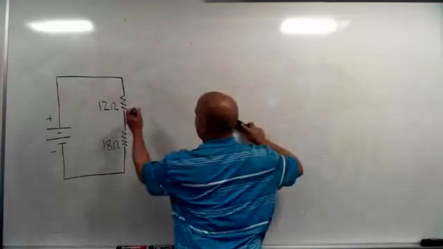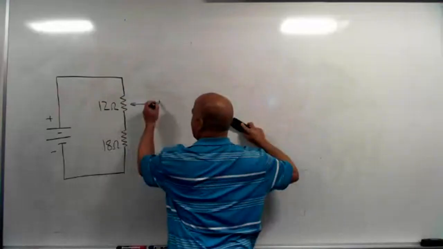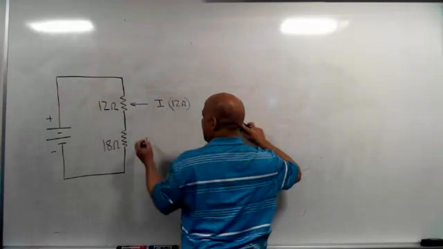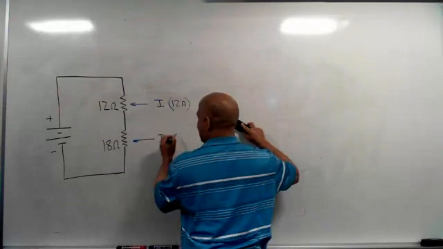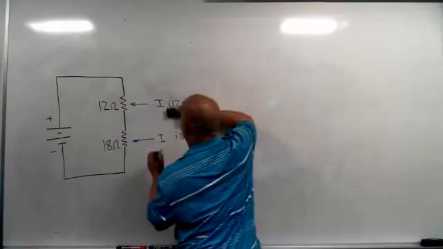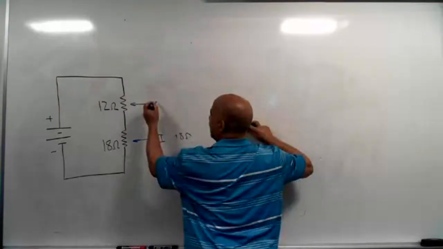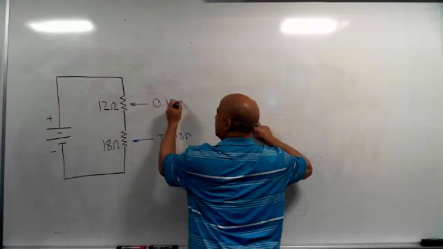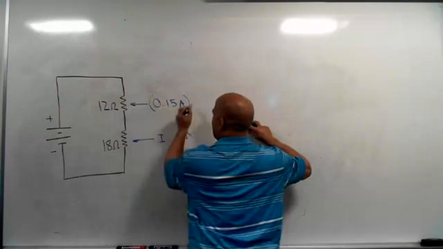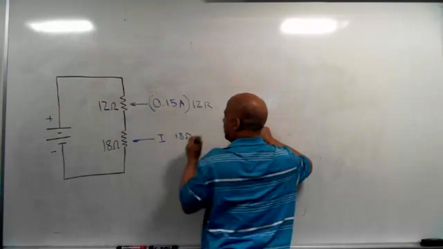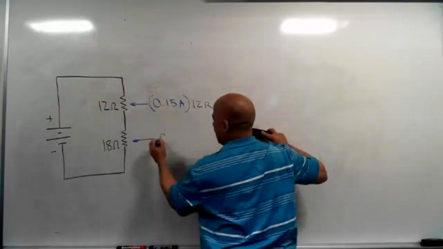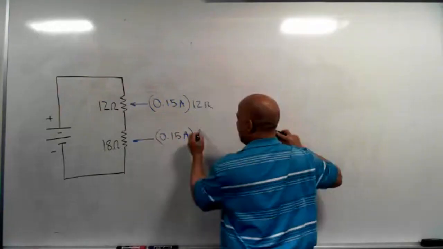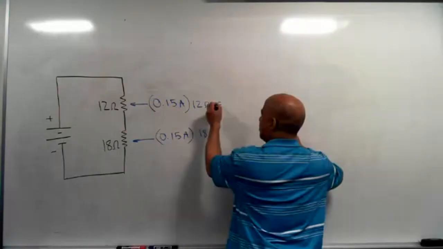So this voltage drop is going to be I times 12 ohms, and this voltage drop is going to be I times 18 ohms. And they told me what I was: 150 milliamps is 0.15 amps times 12 ohms, and 0.15 amps times 18 ohms.